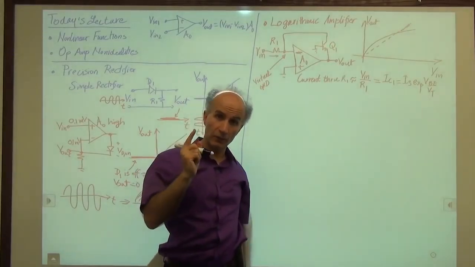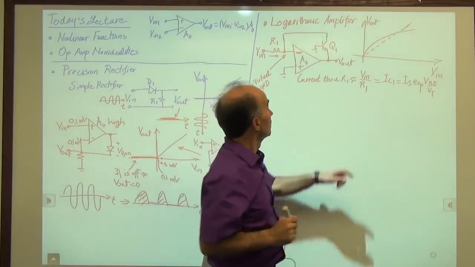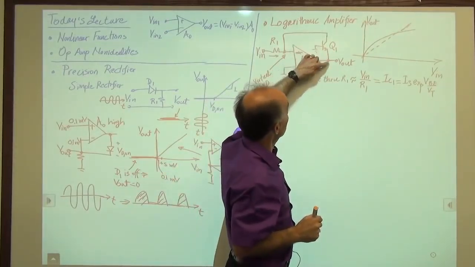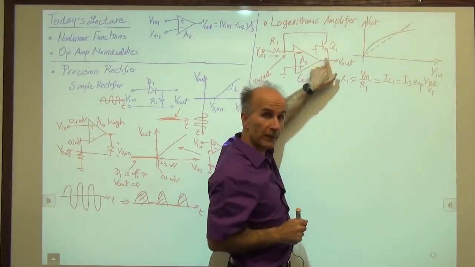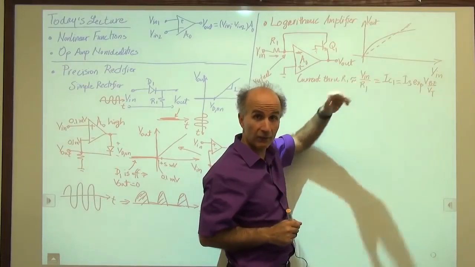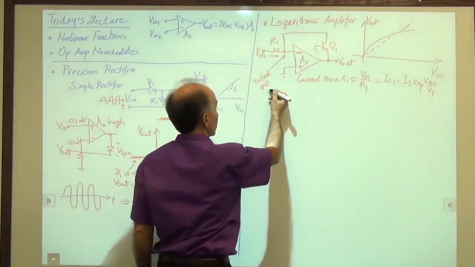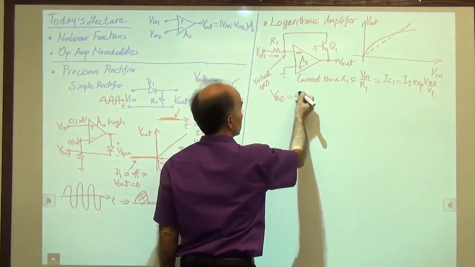There is a relationship between VBE and Vout. VBE is from here to here, from ground to this emitter. Vout is from this emitter to ground. So VBE and Vout are just negative of each other. So we have VBE equals minus Vout.